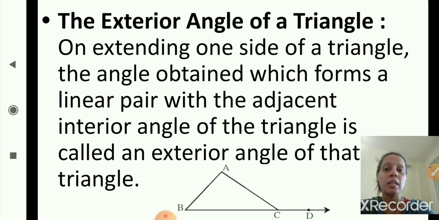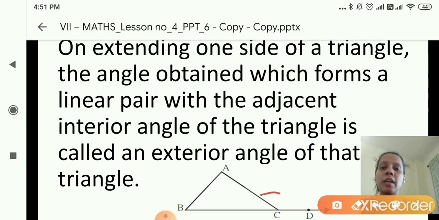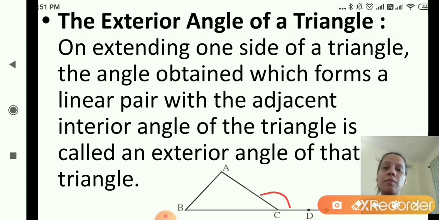See, this angle ACD is an exterior angle of triangle ABC, which is forming linear pair with which angle? Angle ACB, this angle. So angle ACD and angle ACB are angles in the linear pair.